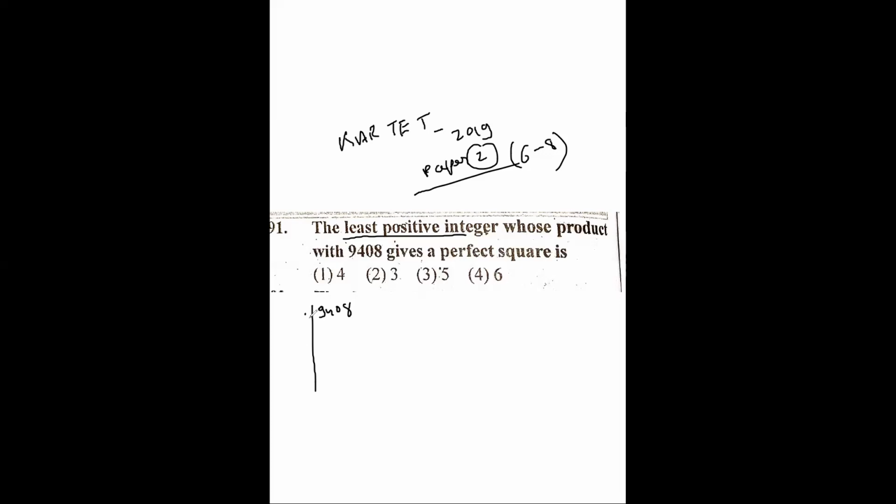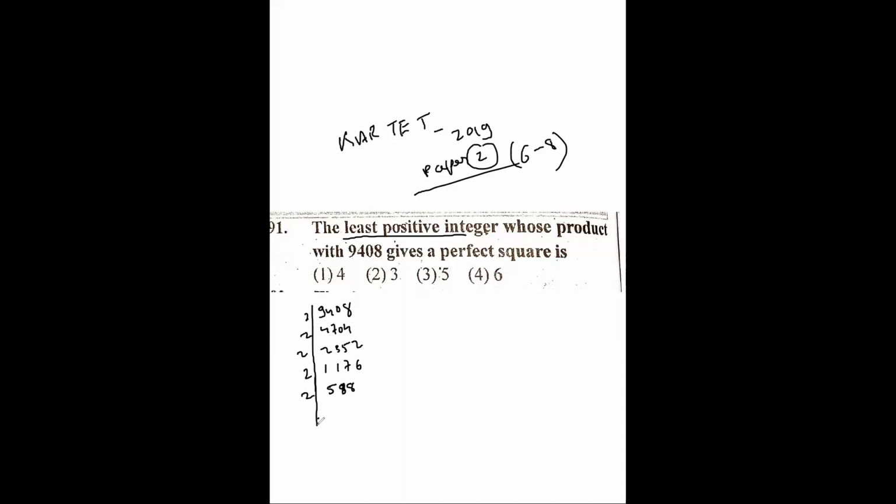So when we take the prime factorization of 9408, we get 4704. Next, again, when you divide it by 2, we get 2352. Similarly, on simplifying it further, we get 1176. Next, again dividing by 2, we get 588.